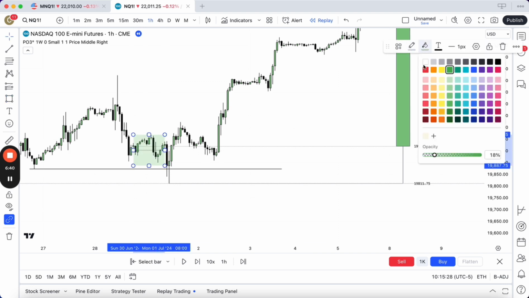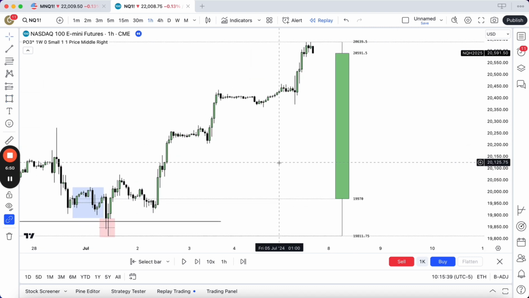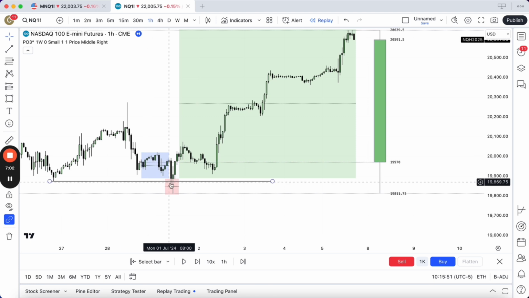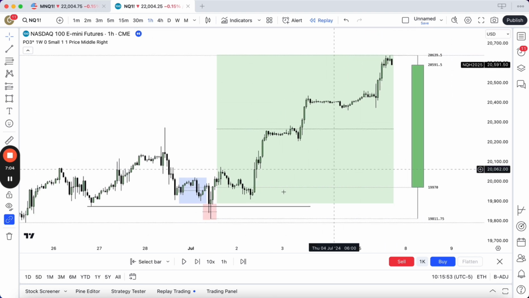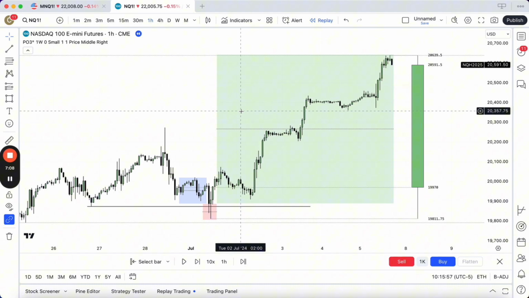And then we can see the manipulation below this low. And then we see the distribution. This is the distribution. AMD, power of 3. Accumulation, manipulation, distribution. Right? So we can combine open, low, high, close, and open, high, low, close, and AMD, power of 3, to sort of anticipate where price is going.